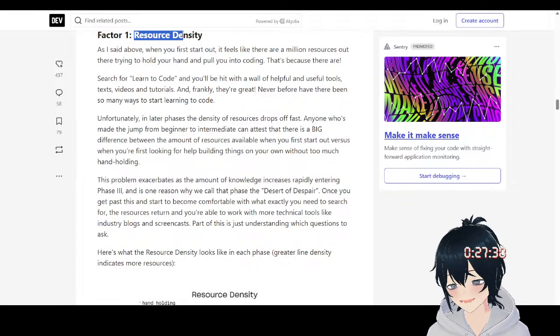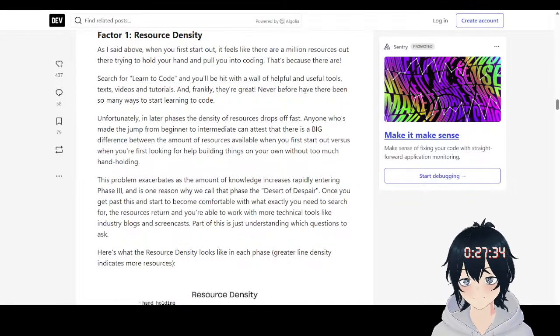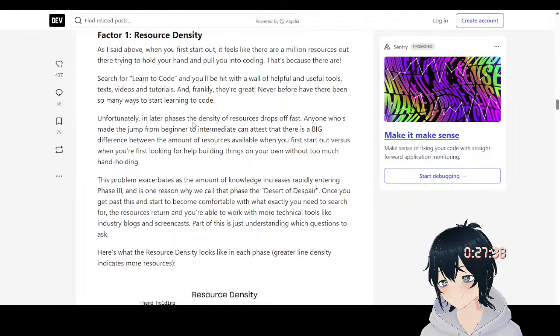So basically there are a lot of beginners. Well, when they do tougher stuff, it's very hard to search for resources.